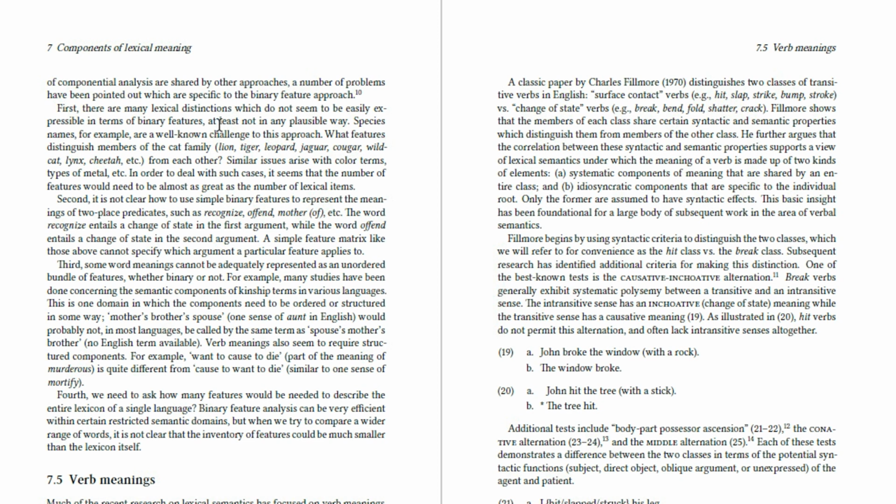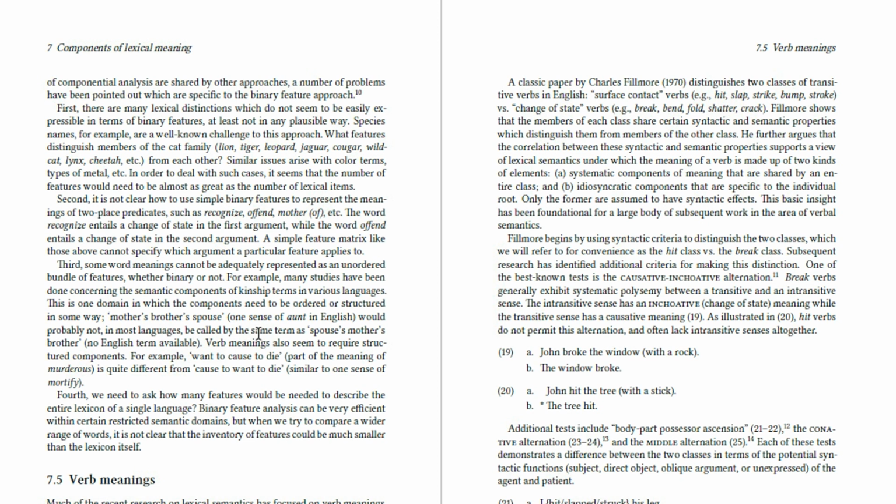So what we have to do, we can read about it, or we can find the information like here, members of the cat family. Cat family can be lion, tiger, leopard, jaguar, cougar, wild cat, lynx, and cheetah. All of these words can be under the cat family, but for sure, a lot of people around the world will not know the family. They have no idea about this kind of type, under what group or under what feature it can be.